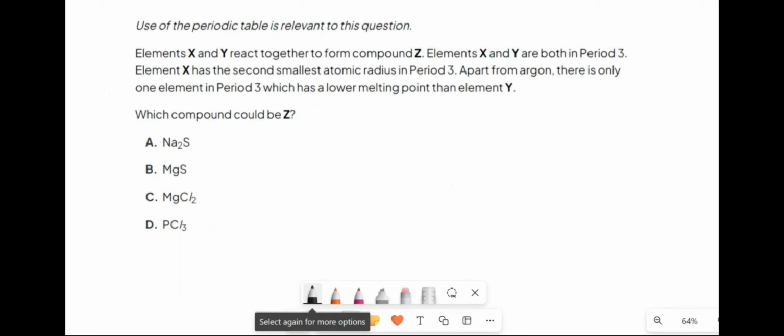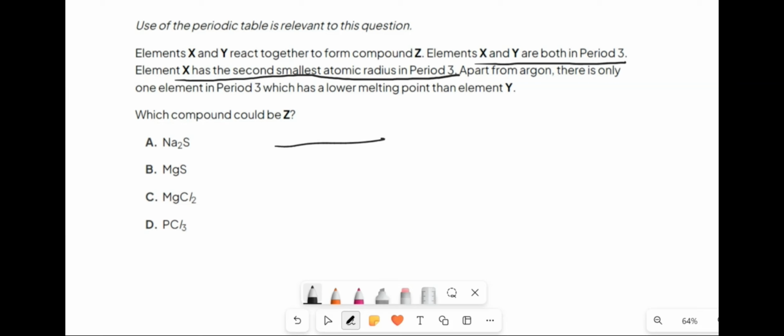Elements X and Y react together to form compound Z. Elements X and Y are both in period 3. Element X has the second smallest atomic radius in period 3. Let's look at the trend of atomic radius. As we know, atomic radius decreases across the period from left to right.